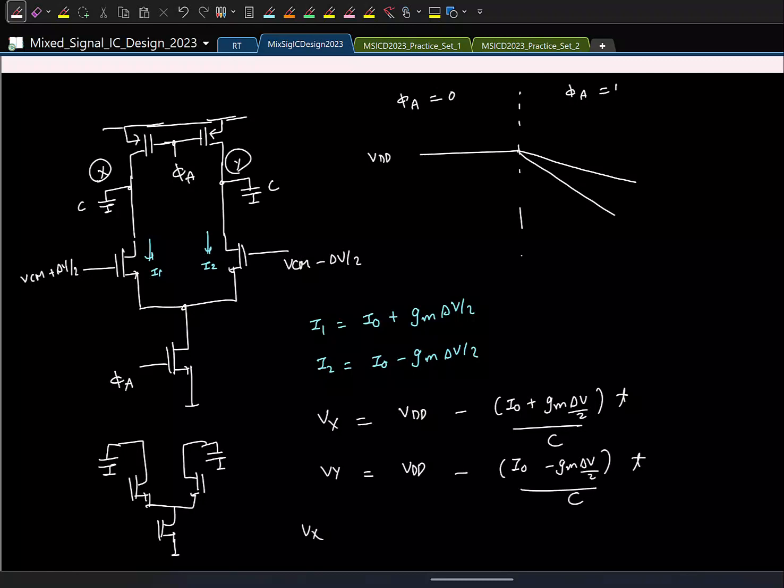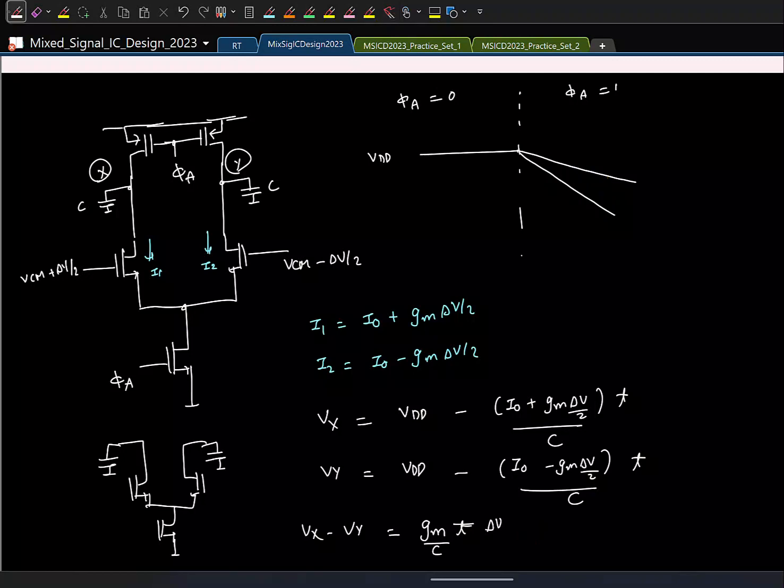So if I look at Vx minus Vy, what do I get? GM by C times T times delta V. Fine. So as you see here, as time progresses, the difference in the output also keeps increasing. That is apparent here, right?